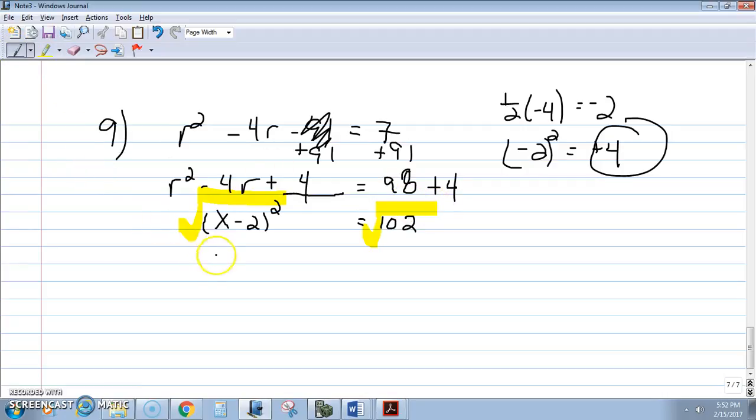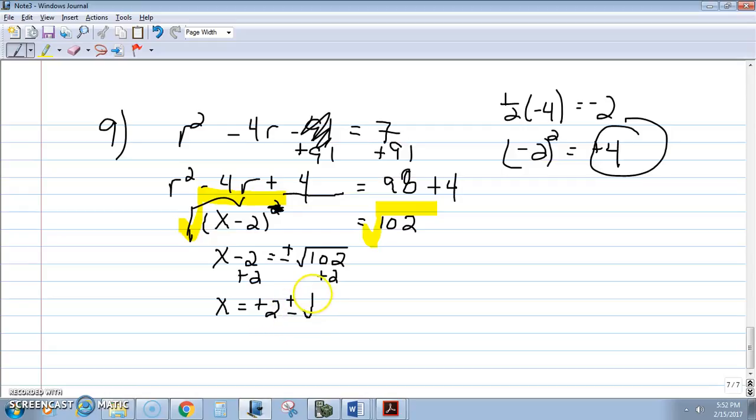This cancels now, and all I have is x minus 2, equals plus or minus the square root of 102. Then I'm going to add 2 to both sides. So x equals, and I'll write it this way this time, positive 2 plus or minus the square root of 102. And I'm just going to leave it like this because I know that 102 does not have a perfect square root.